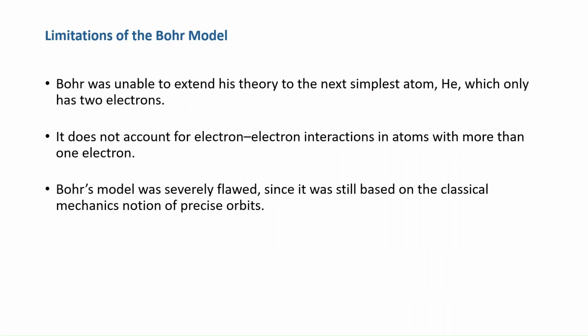The problem was when he moved to the next atom, helium, that has 2 electrons. It didn't work. His predictions didn't match the experimental evidence. Oh well. Then he realized that there's electron-electron interactions. Once you have more than one electron, that's going to affect things. The problem with Bohr's model is that he was talking about precise orbits.